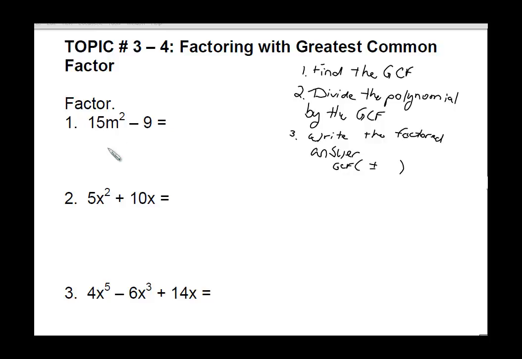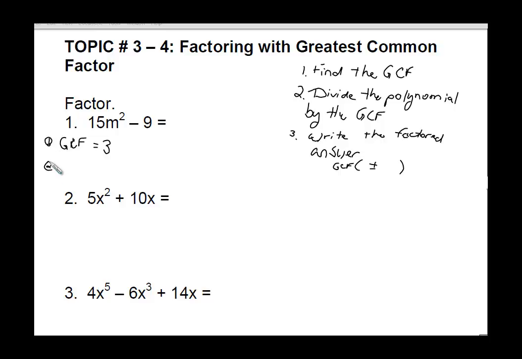So let's look at our first problem here. 15m squared minus 9. So we're going to find out our greatest common factor. And the greatest common factor of 15 and 9 is going to be 3. Now, there's not an m in both places, so there's no letter that we need to use. So step 1, we found our greatest common factor.